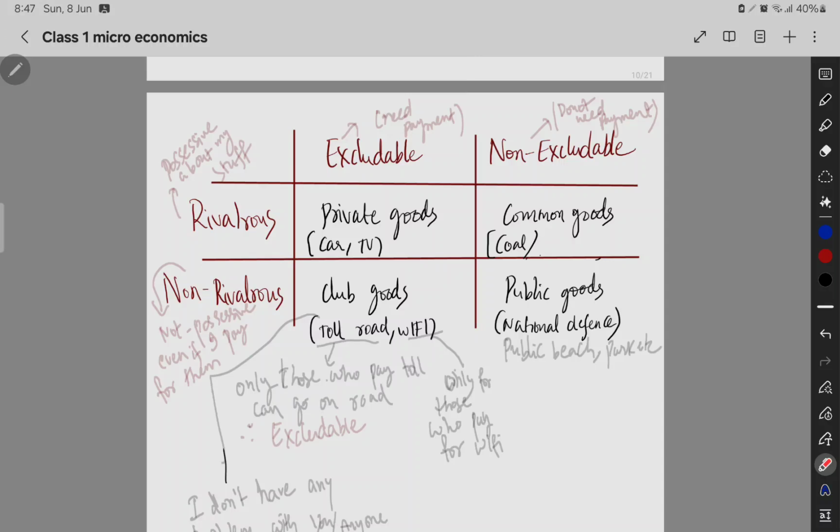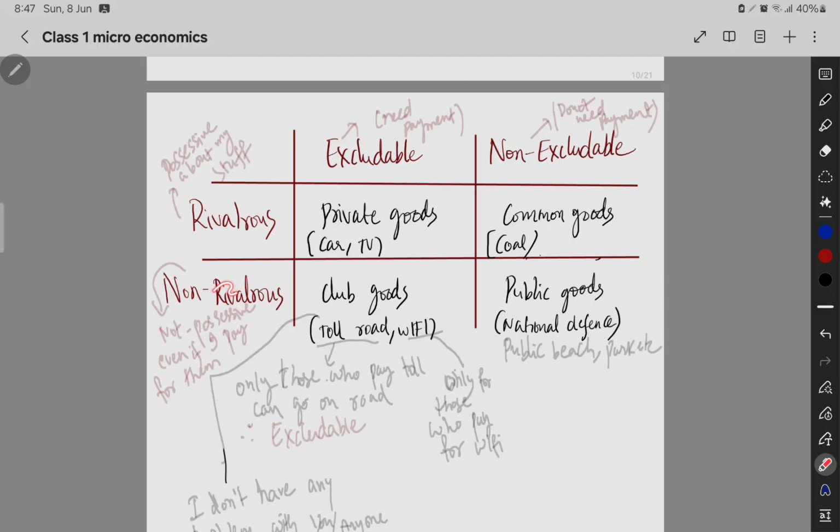Even common goods, let's say I bought this coal, I bought this petrol, so this is mine, and I am possessive about my common good. Whether they require payment or not, I don't care. But I can be possessive about them. If I can be possessive about them, that is rivalrous.